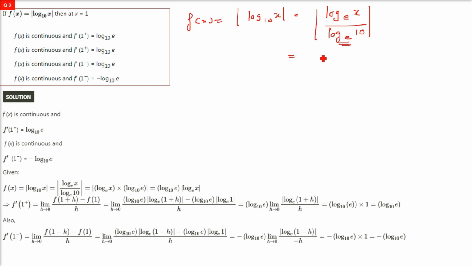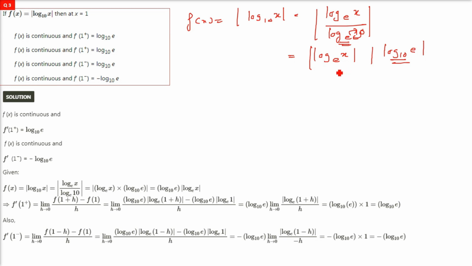Now this is a constant, and when you take it in the numerator, log x will remain like that, and then 10 and e will replace their places. So log base 10 e it will be, and this is a constant, so you don't have to deal with this. It will be a positive value. 10 to the power something is e. So assume that this is a constant. I will take it outside and try to find out what we get.